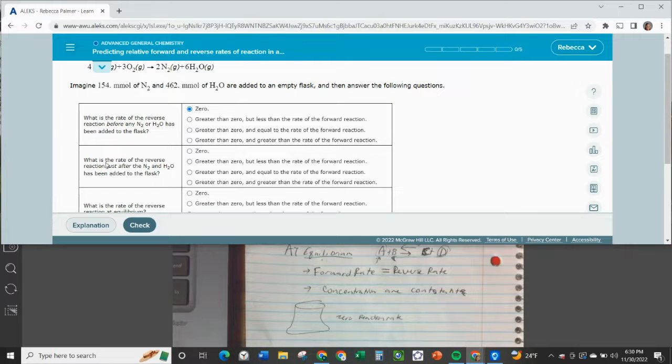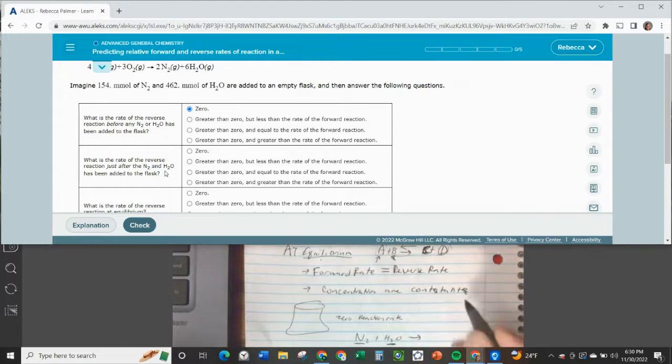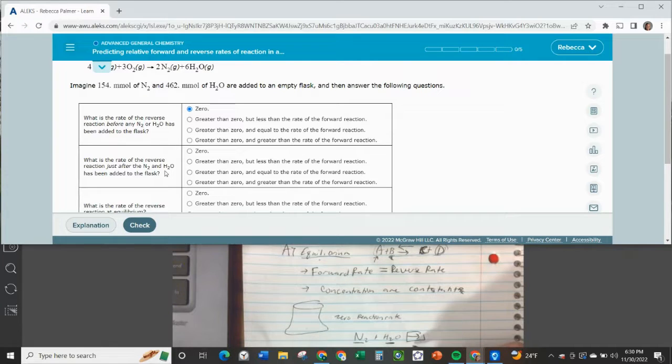The second question says, what is the rate of the reverse reaction just after we add N2 and H2O? So we have N2 plus H2O. We have mostly reactants right at the beginning, so the forward reaction is going really fast at the beginning.